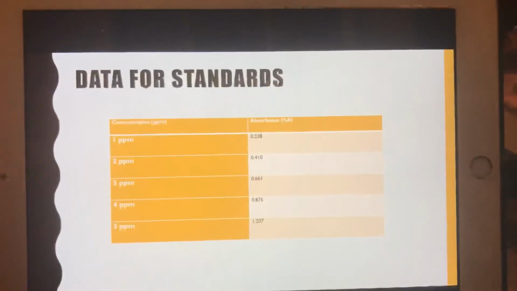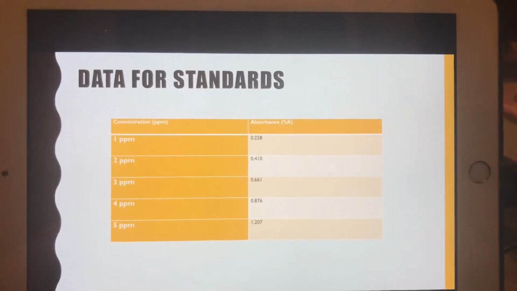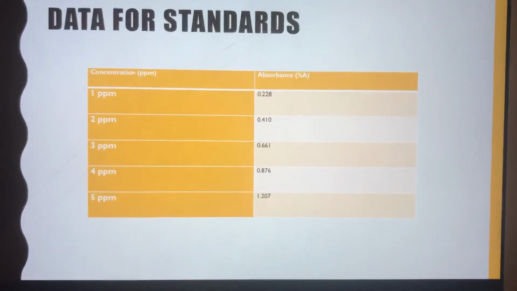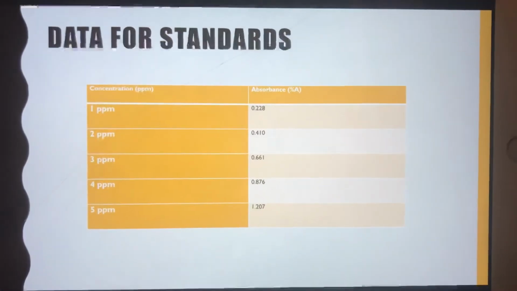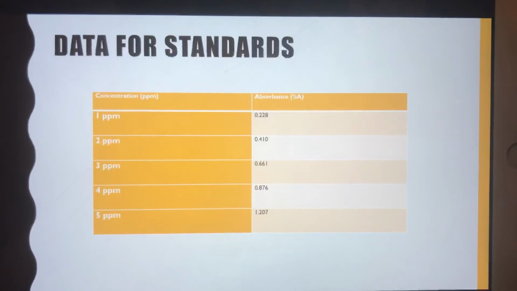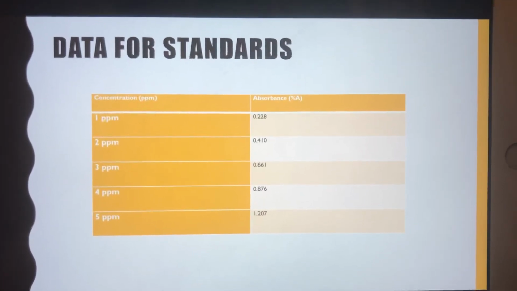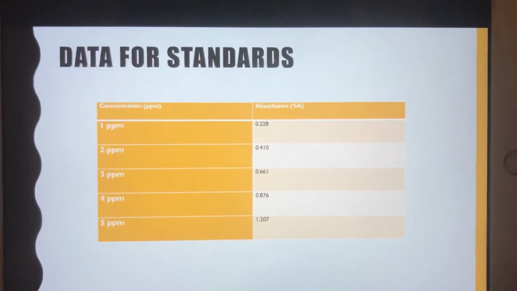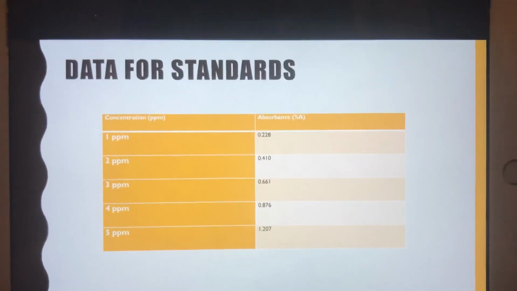That proportionality constant we gained from this data. These 5 standardized solutions were made using the phosphate solution, with the ammonium molybdate and stannous chloride added, in varying concentrations. The idea is the more concentrated the sample is, the more light it absorbs.